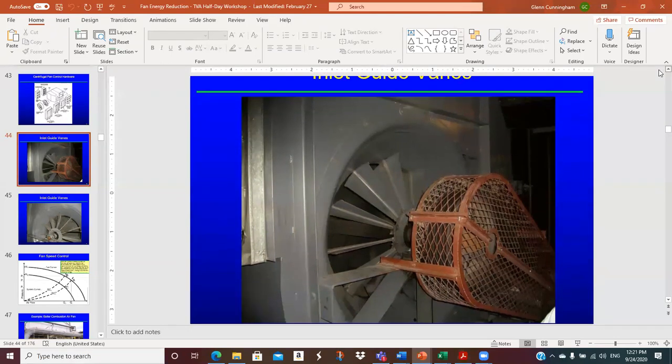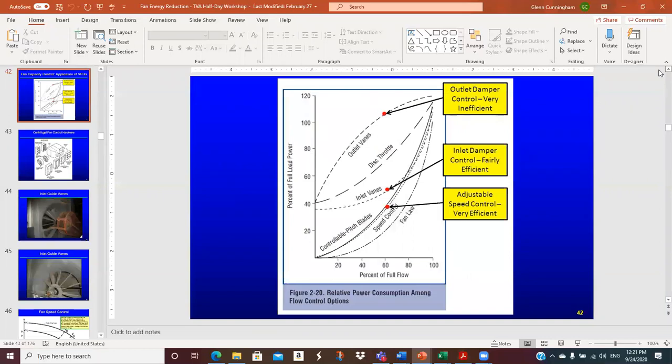Okay, let's see here. This is some stuff from DOE in some of their literature. They're showing the efficiency of different ways to reduce the capacity of a fan. Most of these are for a centrifugal fan. This variable pitch blade would be for an axial fan. I put these dots on here.